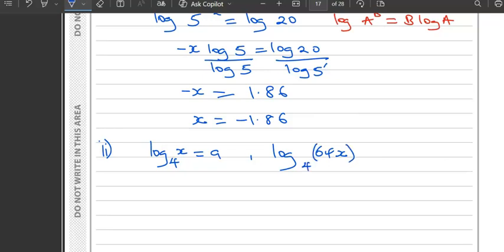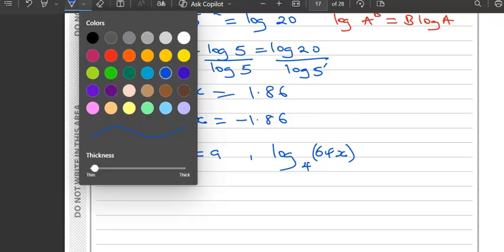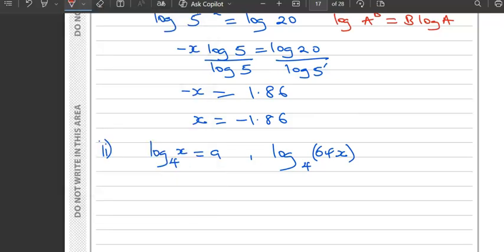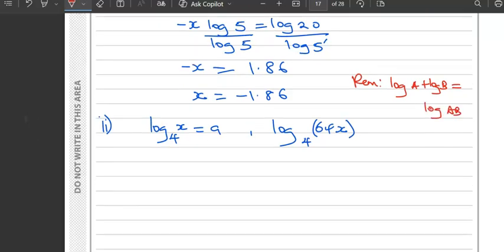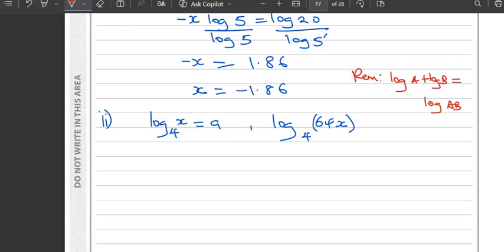Now we can recall something here using the laws of logarithm. If you are given log of a plus log of b, this one can be written as log of ab. Of course, the bases are the same. In this case, both of them have base 4.